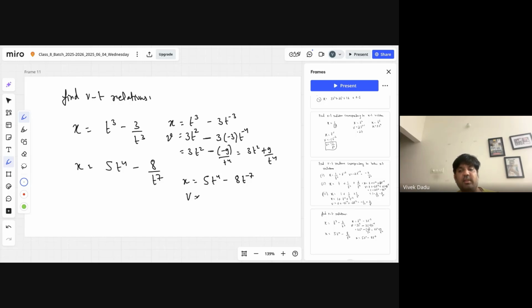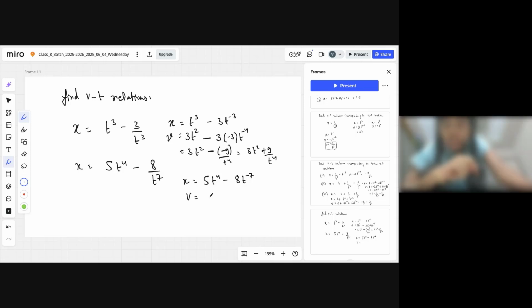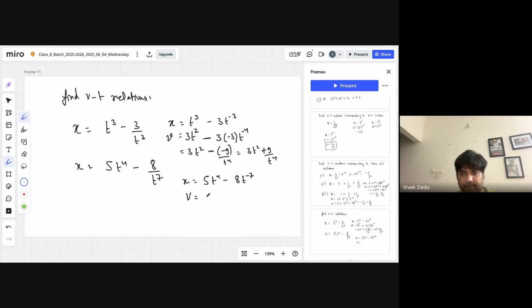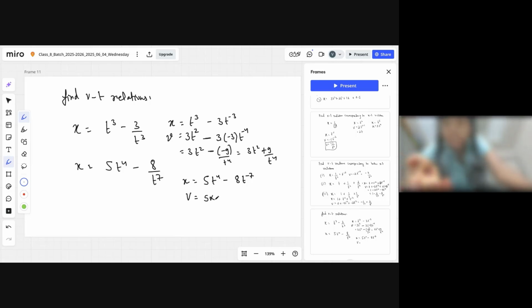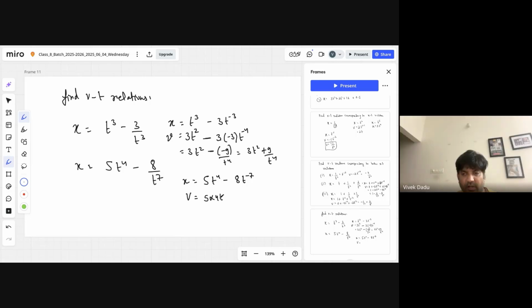What happens to this 5? 5 into 4, t power 3.